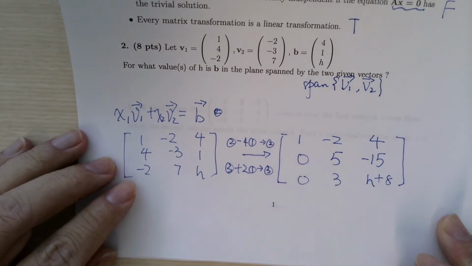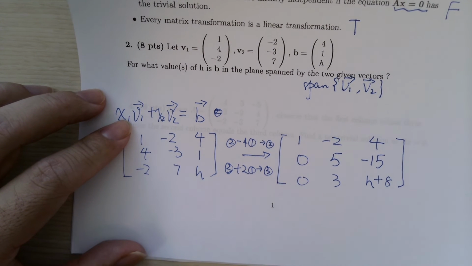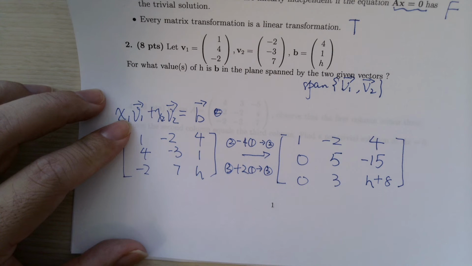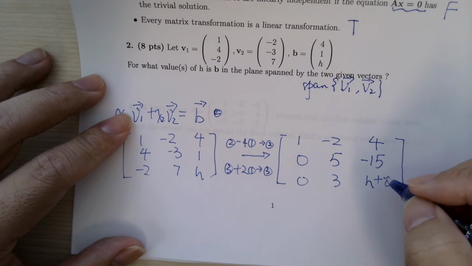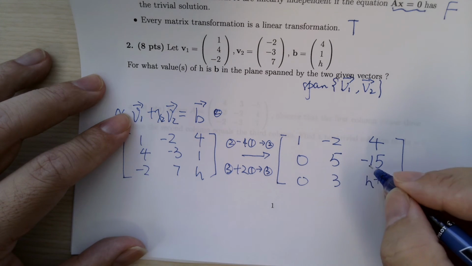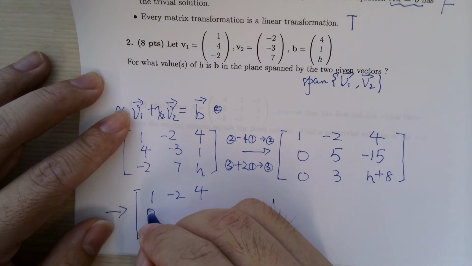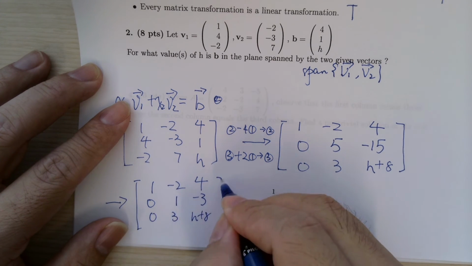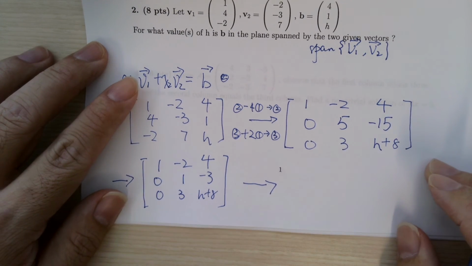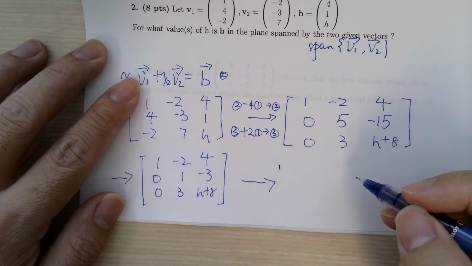Okay, so we can do a little bit more. This part is a 5, this is negative 15. What we can do is write this as 1, negative 4, 0, 1, negative 3, right? Then 0, 3, h plus 8. We can continue to do another round of row reduction.